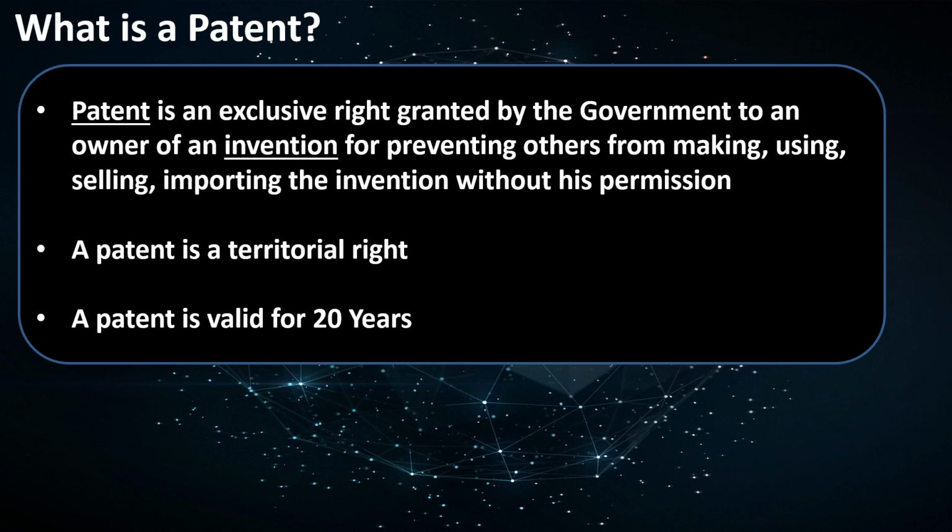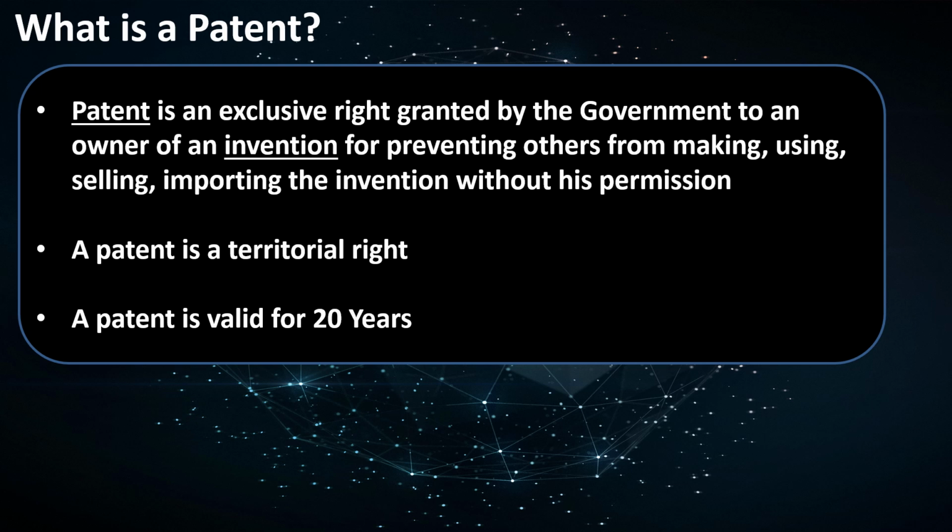Now, why does it need to be protected? Because when an inventor invents something, they spend a lot of time, effort, and money in doing that. After spending so much, if that invention is not protected, if it is free for anyone to use or copy for their own advantage, then that is a great loss to the actual inventor, because the effort, time, and money that the inventor has spent goes to waste, and someone can use it for their advantage.